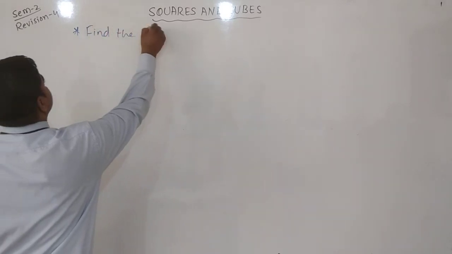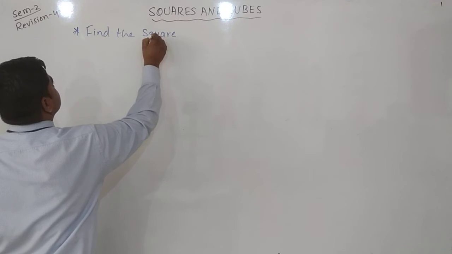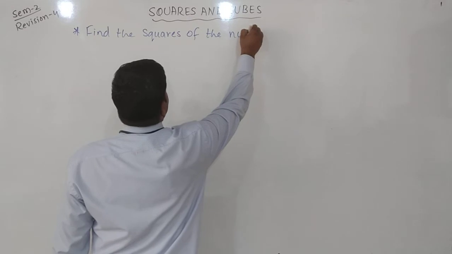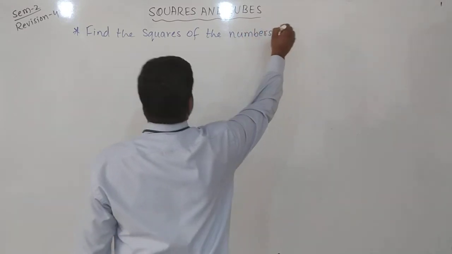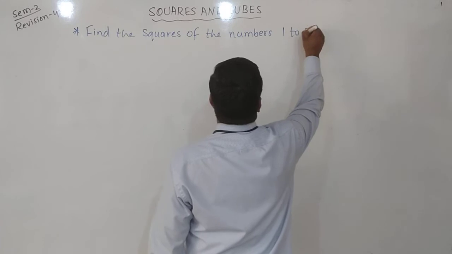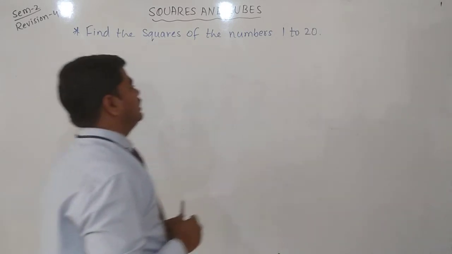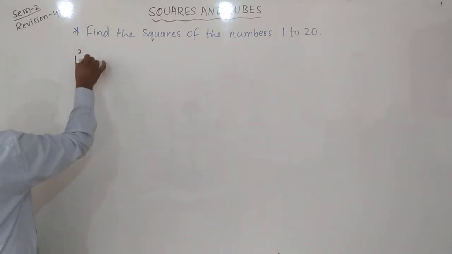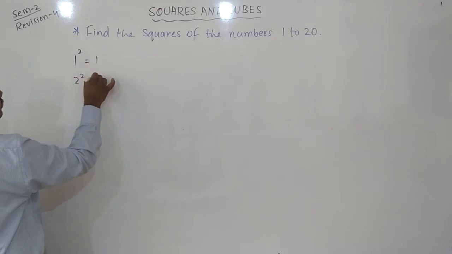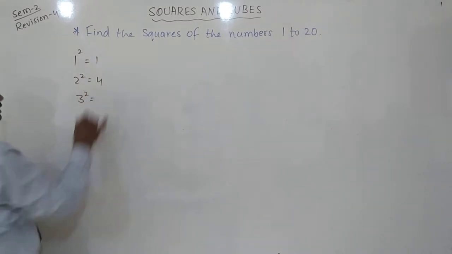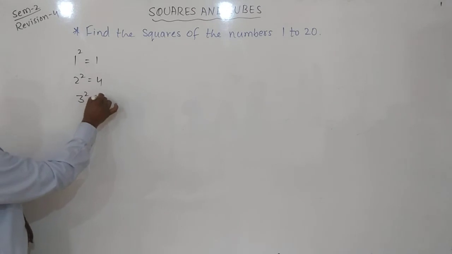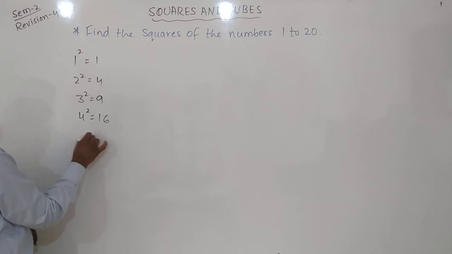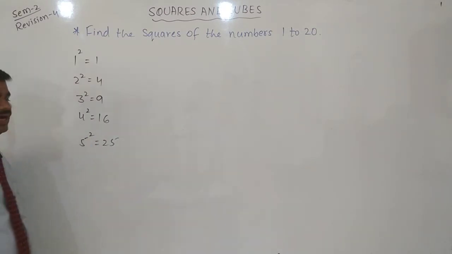Find the squares of the numbers 1 to 20. Here we can write: 1 square, 1. 2 square, 4. 3 square, say with me, 9. 4 square, 16. 5 square, 25.